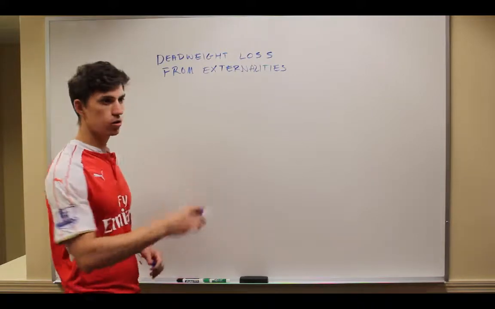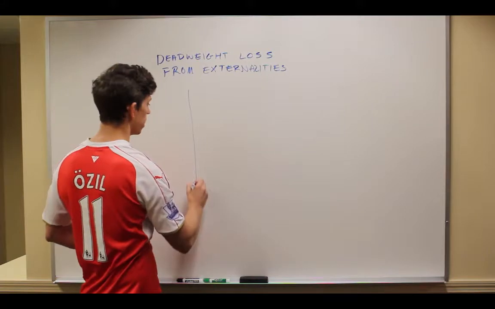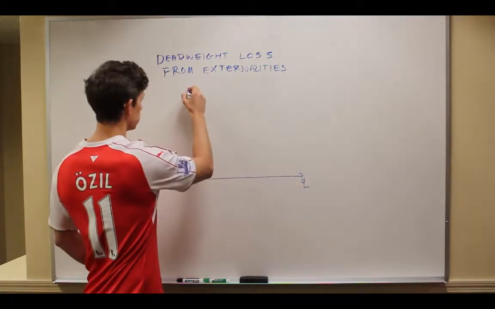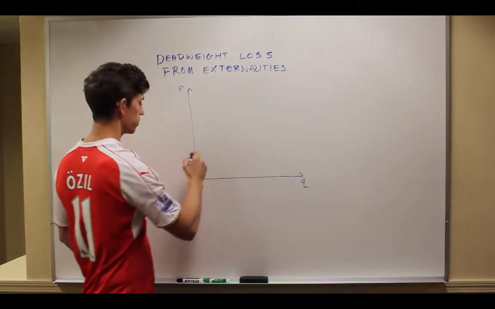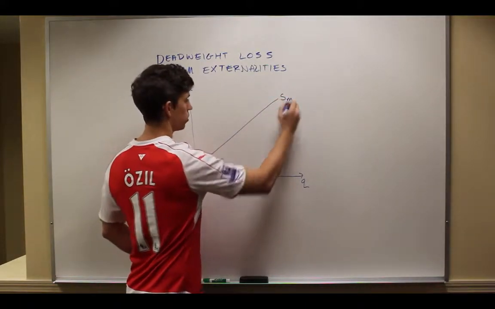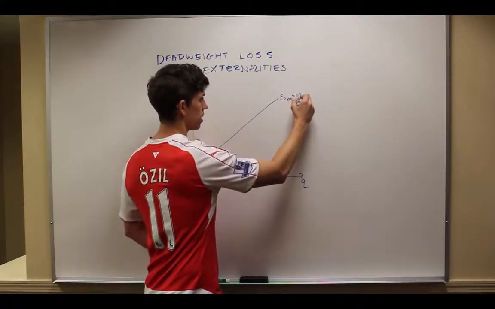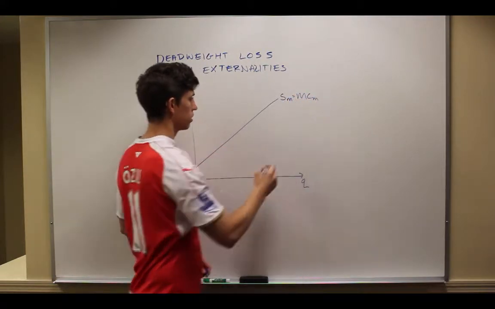So I'll go ahead and draw what this market that I just described looks like. We have price and quantity. We have a market supply curve, which sometimes we denote as a marginal cost curve.